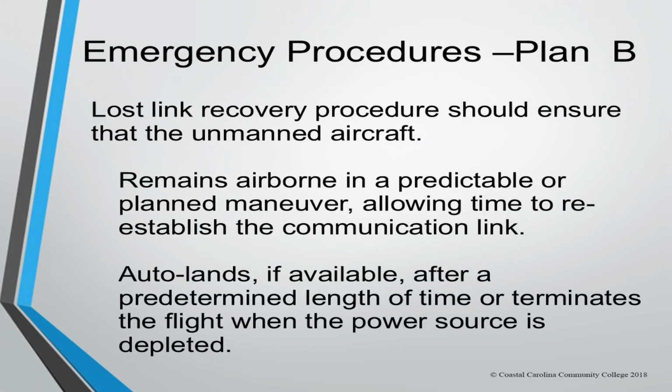So lost link recovery procedure should ensure that the unmanned aircraft remains airborne in a predictable or planned maneuver, allowing time to reestablish the communication link. Auto lands if available after a predetermined length of time, or terminates the flight when the power source is depleted.